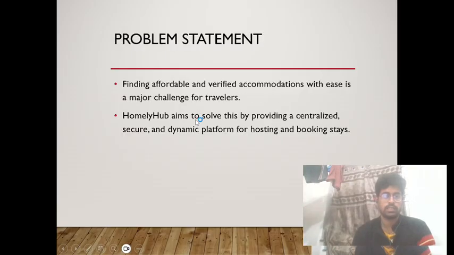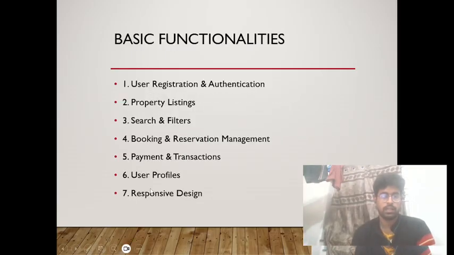The fourth functionality is booking and reservation management. After you register and authenticate, you find the property by searching your own priority. The final step is to book the place where you want to visit or travel.